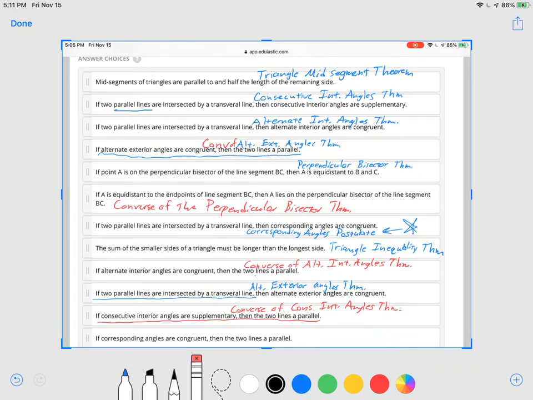Okay, we already did that second to last one. Now the last one, if corresponding angles are congruent, then the two lines are parallel. That's the converse of the corresponding angles postulate. Okay, that's it for question 1.